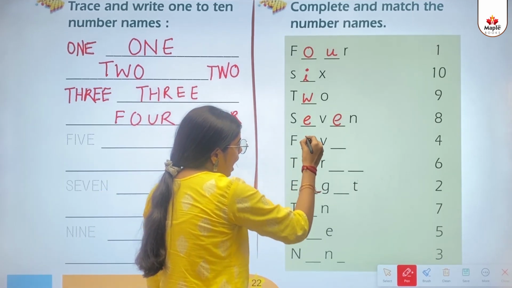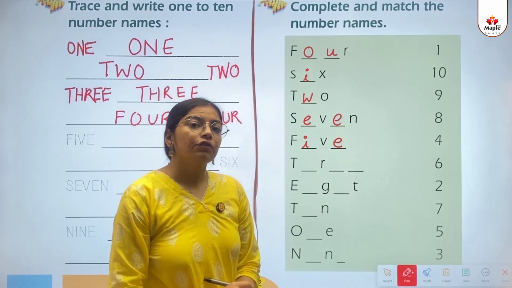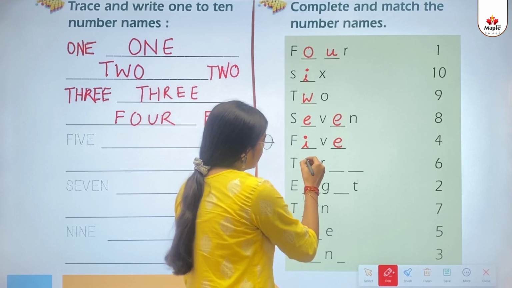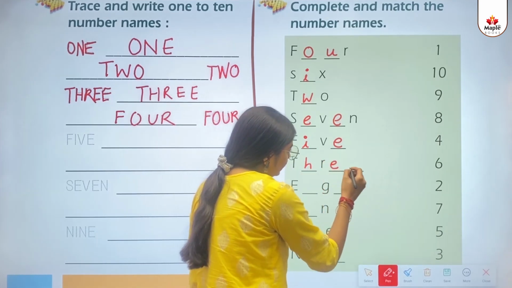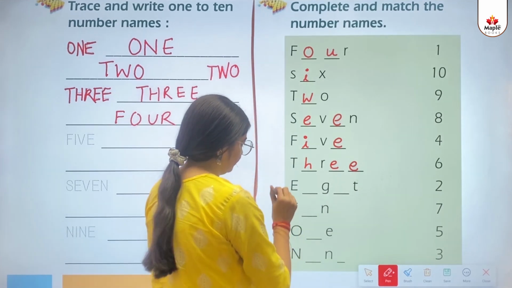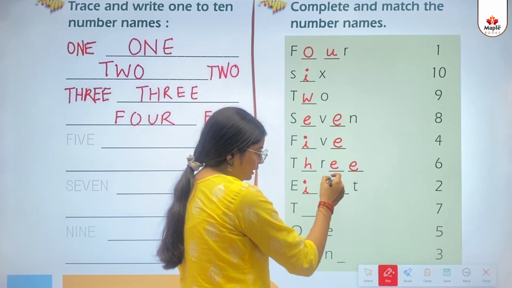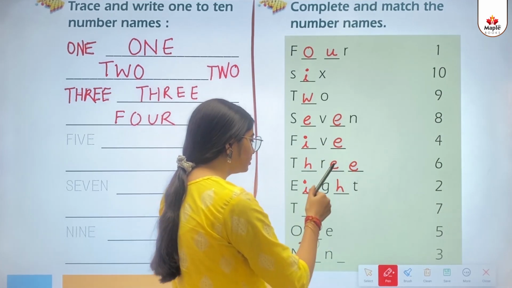F I V E, 5. Next one is T H R E E, 3. Then E I G H T, 8.